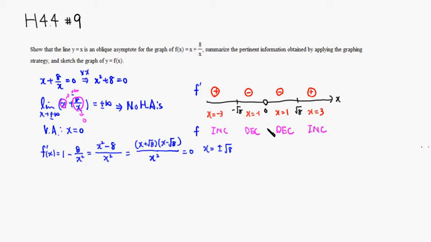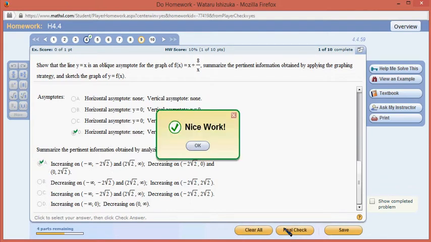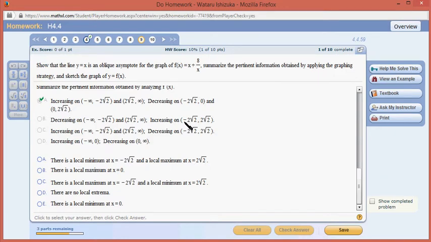Right, so let's type it in. Start out with increasing on, this is the same as square root of 8, and here, and the decreasing there. Actually, this is the right one. Right, so we got that. Alright, then we're going to have to look at the local max and local min.